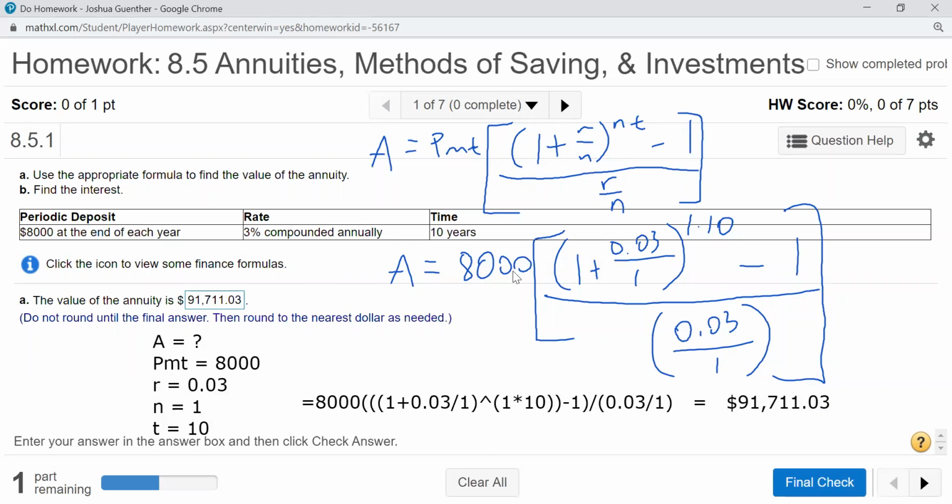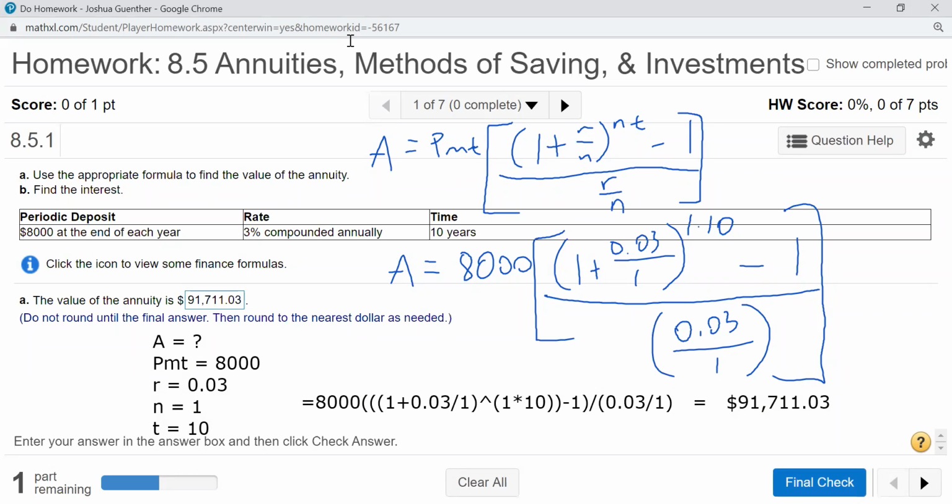Let's see, did I make an error? Compounded annually, so N is 1, T is 10. This is the correct formula. You know, I might actually just disagree with this one.